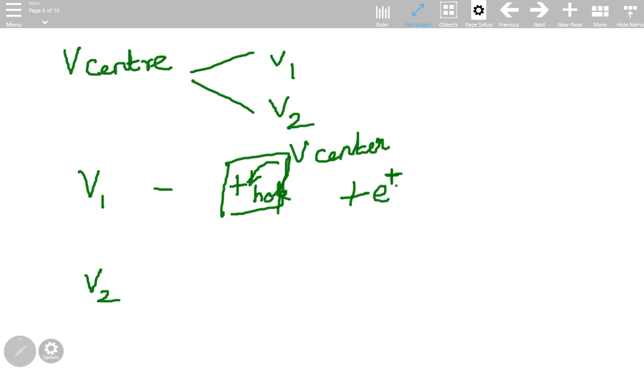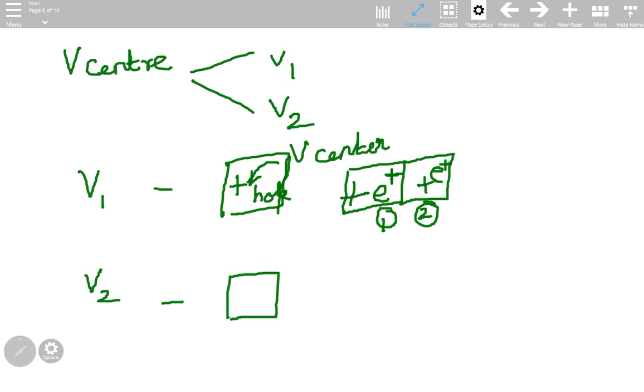So a hole occupies the positive vacant site, and the combination of this with another V center, that is, another positive site occupied with a hole. This is 1 and this is 2. So the combination of both we call the V1 center, and V2 center, which is very easy. So you all know now what is meant by a V center. A hole occupying a positive site is known as a V center.